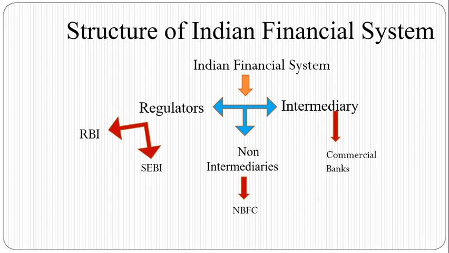As a customer, we cannot go to the RBI and ask for a loan. If tomorrow I go to the RBI and ask the governor for 10 lakh rupees of loan, he'll simply tell me, I'm not here to give you loans, I'm here to give loans to the banks. You will go to the bank, and then the bank will grant your loan to you.